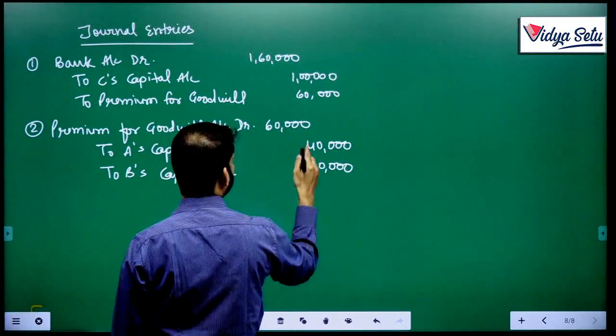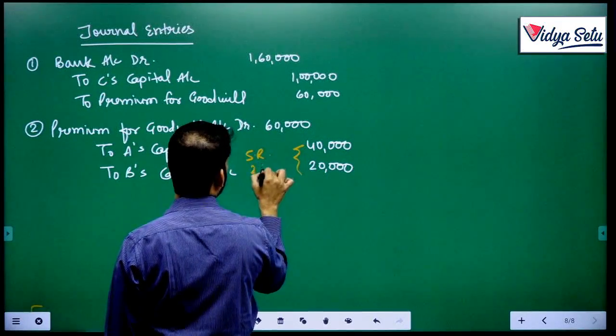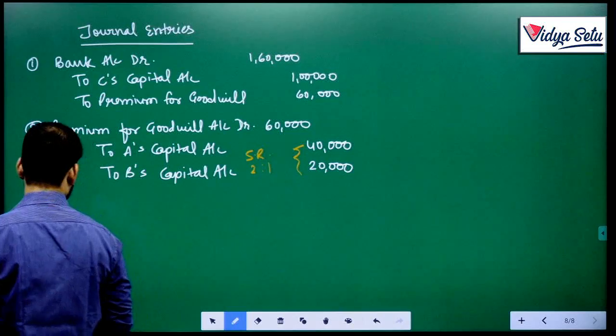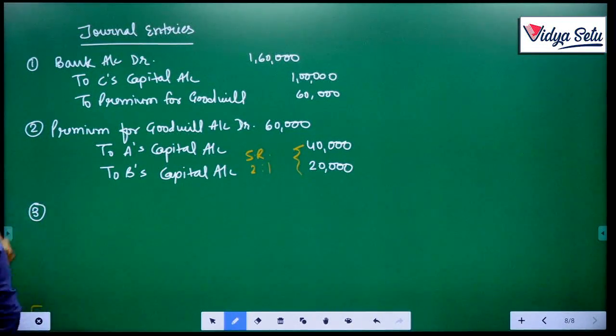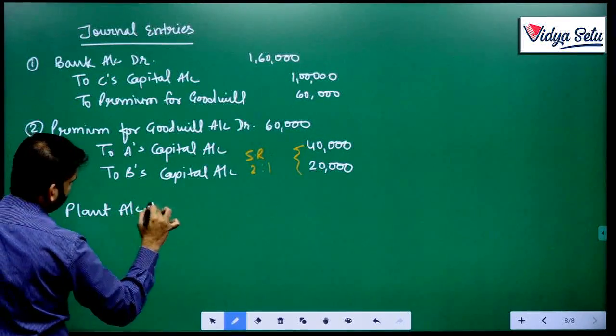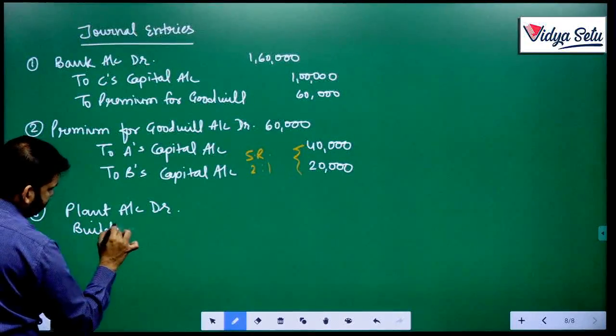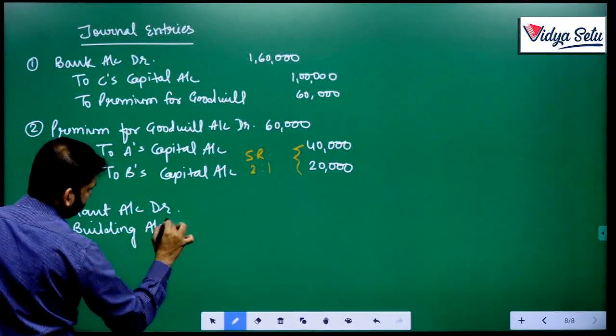What is this? This is the sacrificing ratio of 2:1. Then the third thing that we had to do was to revalue the assets and liabilities. So plant and building were going up. So plant account debit, building account debit.